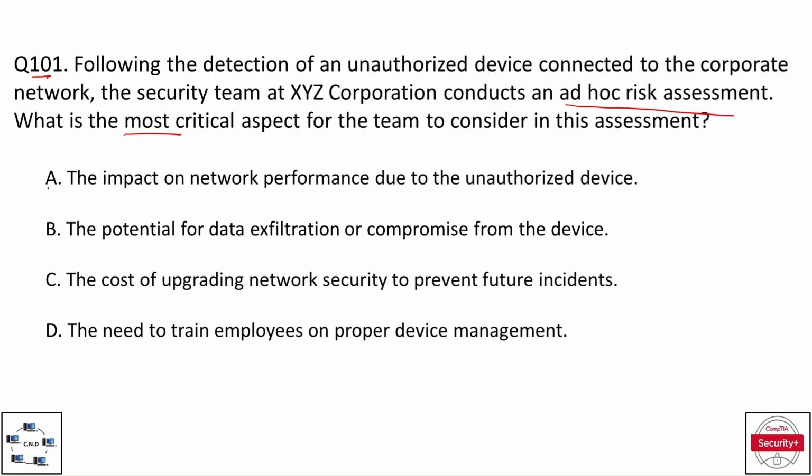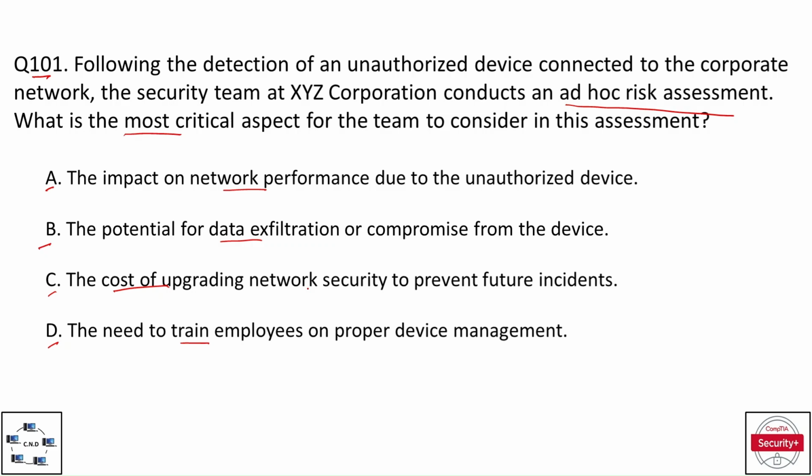And the options are: option A, the impact on network performance due to the unauthorized device. Option B, the potential for data exfiltration or compromise from the device. Option C, the cost of upgrading the network security to prevent future incidents. And option D, the need to train employees on proper device management.